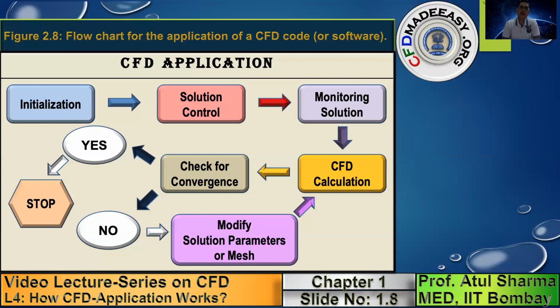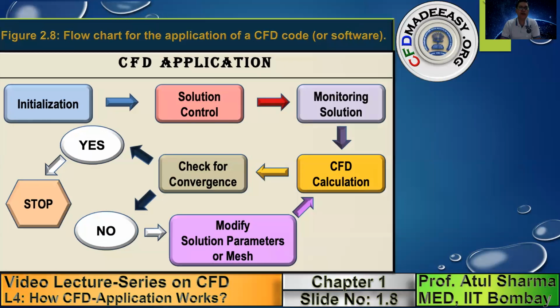And whenever you do an iterative solution, if you don't have diagonal dominance, then you end up in situations where the solution does not converge. So basically, we modify the mesh if it is not converging. So the convergence depends either on the solution parameter or the mesh.